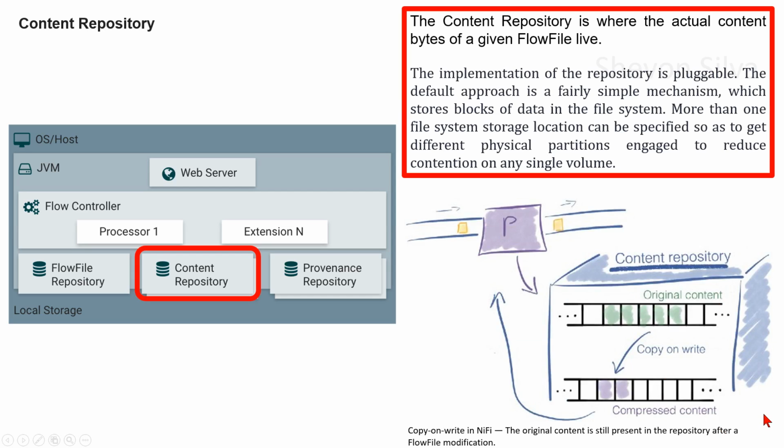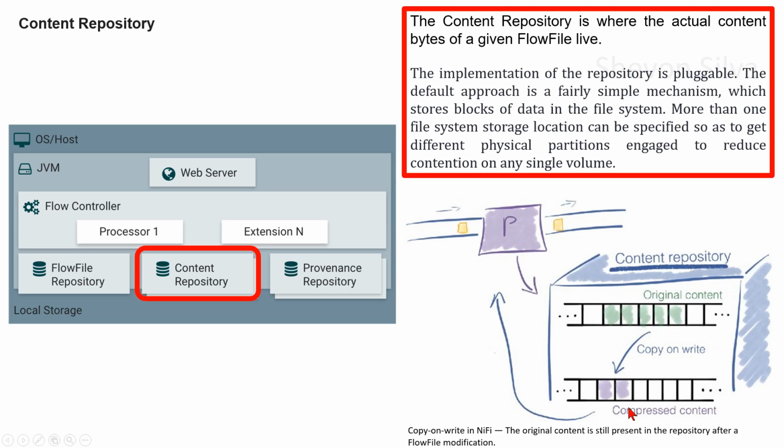Here you can see copy on write in NiFi. The original content is still present in the repository after the flow. In this example, consider a processor that compresses the content of the flow file. The original content remains in the content repository, and a new entry is created for the compressed content.